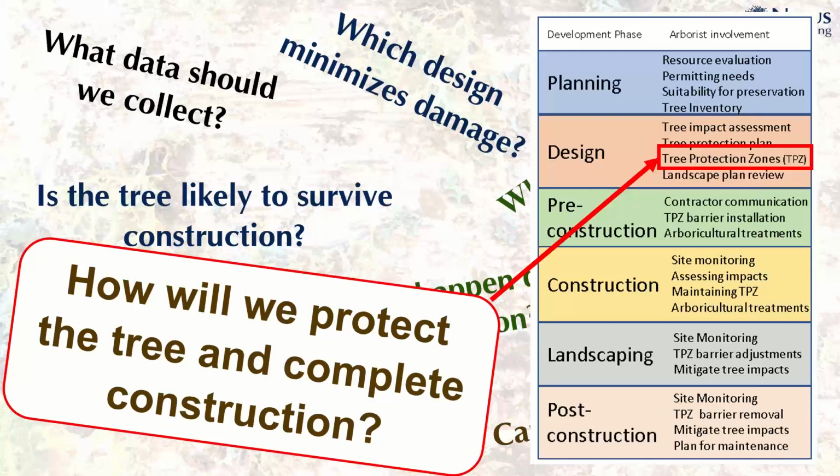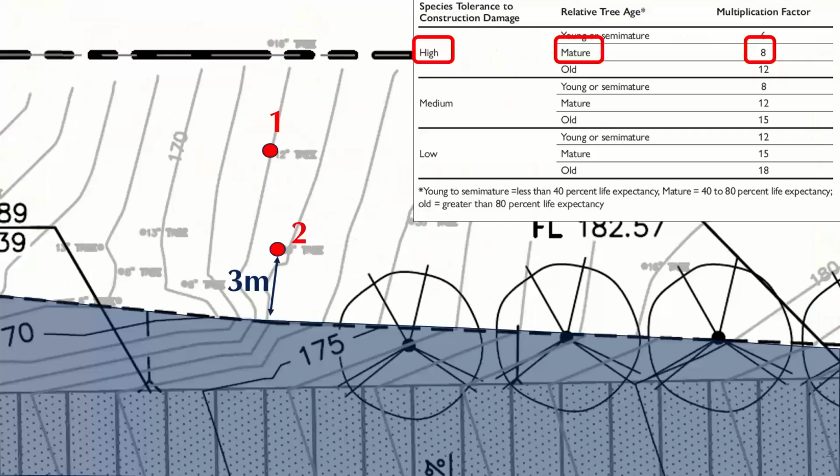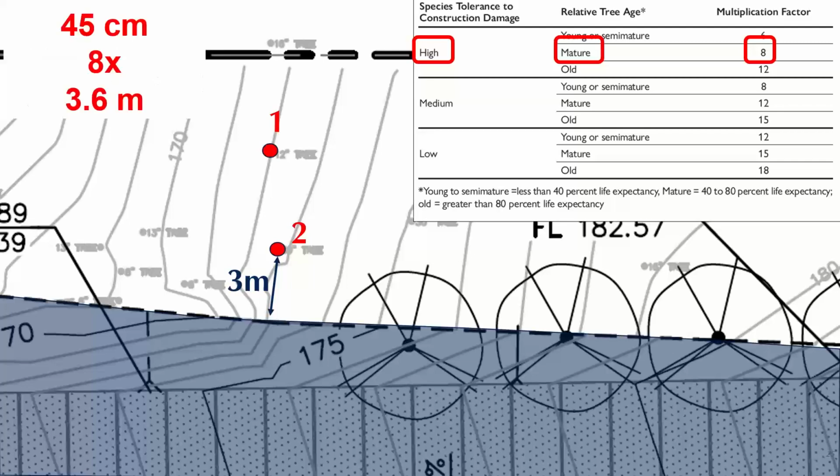So this is the next step in my mind, right? We've decided that tree number 2 is going to survive construction. We've gone up to our table and we said that an 8x multiplication factor is what we think we need to preserve this tree. I see a lot of arborists do the math, right? They say, okay, you need 3.6 meters according to the table. That's this circle here.